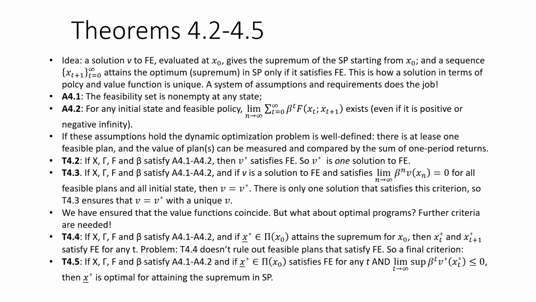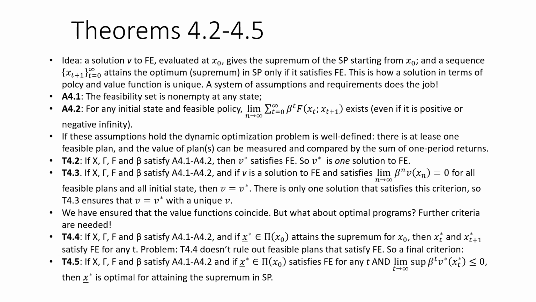that coincides with the solution of the sequential problem. And this is a limit. If this limit holds, so if we evaluate the possible solutions to the functional equation at period n, the limit must be 0.